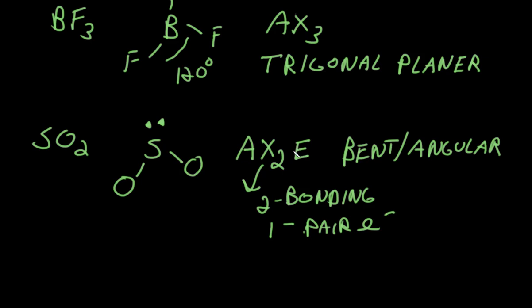So that would be our AX2E. The angle here is going to be less than 120 degrees, and we've got these two electrons sitting, you want to think of it three-dimensionally, on top there.